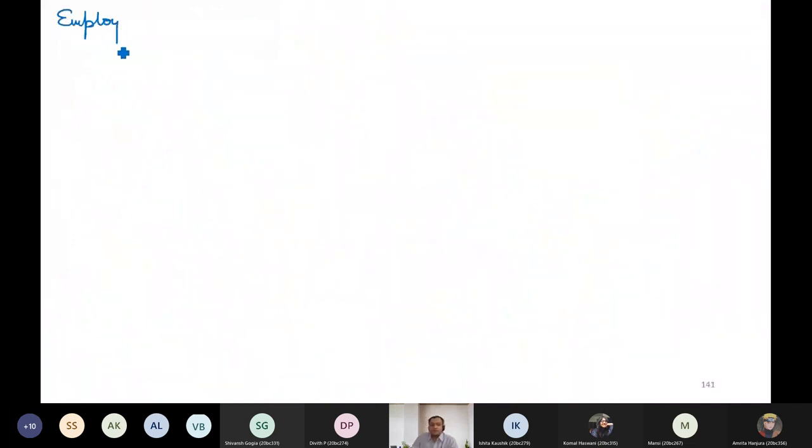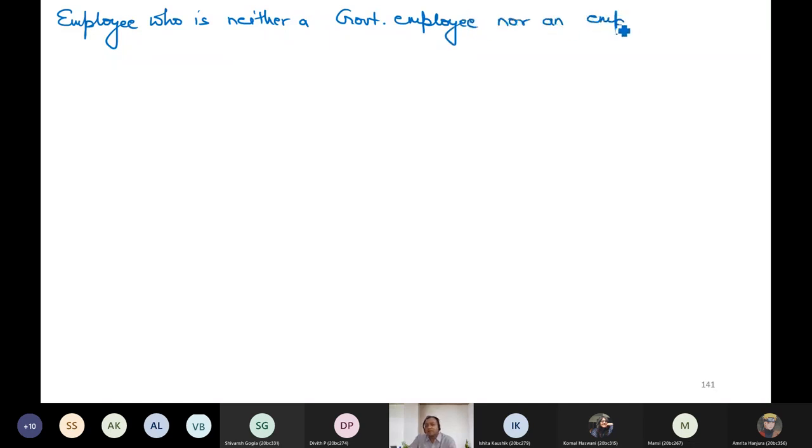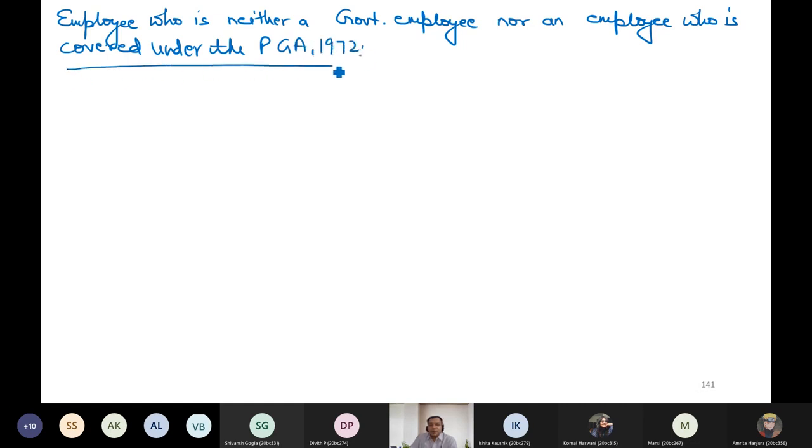Employee who is neither a government employee, because in case of government employee 100% tax free, nor an employee who is covered under the Payment of Gratuity Act. And of course getting leave and getting this gratuity at the time of retirement, death, or leaving the job.